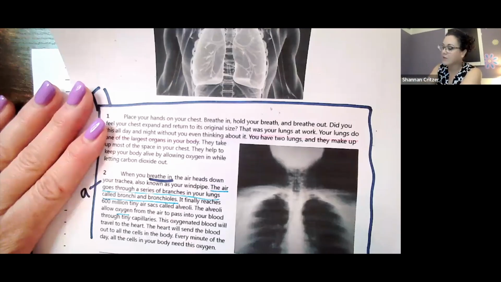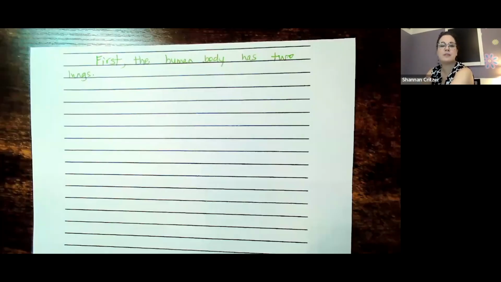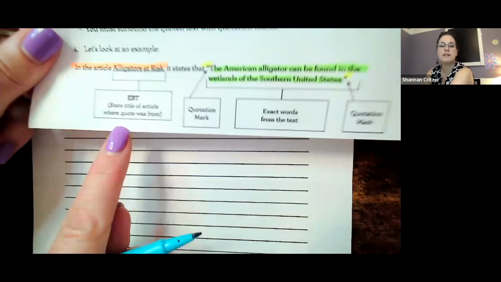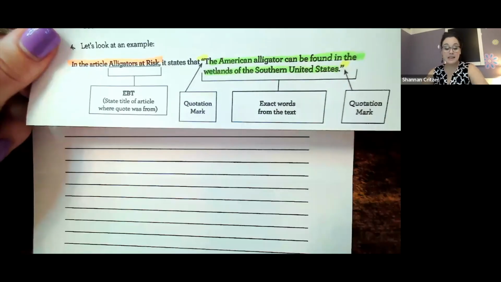Remember, I am writing these exact words. I'm not changing anything. I'm spelling it all correctly because it's right there in front of me. If you look back at our chart, it says that we have our evidence-based terminology, our quotation marks, and the exact words.